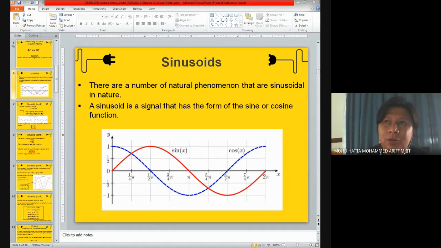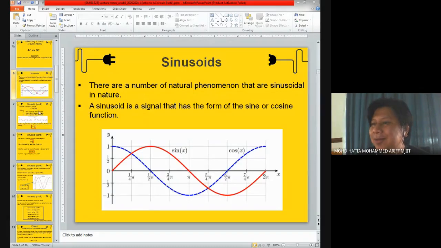And for UK standards, for countries which are using UK standards, for example Malaysia, we are using 50 hertz voltage or 50 hertz power outlet. So that one is just general knowledge for you guys.